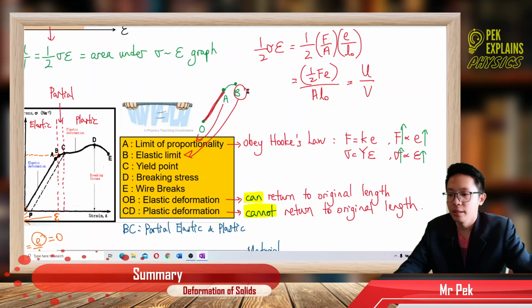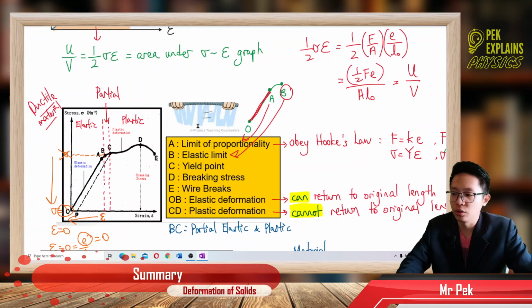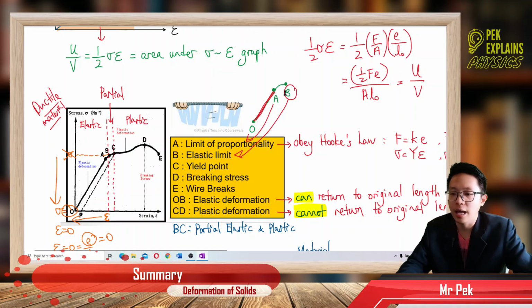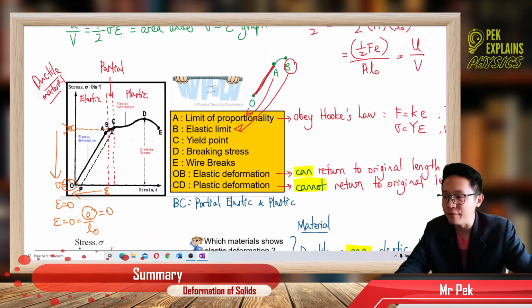So the wire shows elastic deformation until point B, the elastic limit. That means when you pull until the elastic limit and you release the stress, the wire can go back to its original length entirely. Understand?